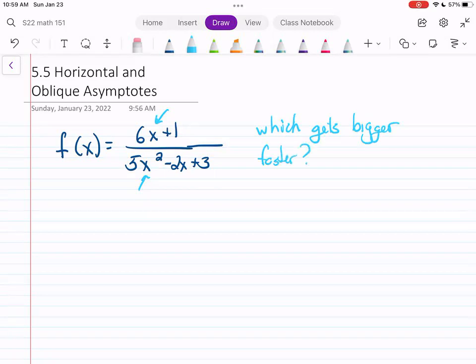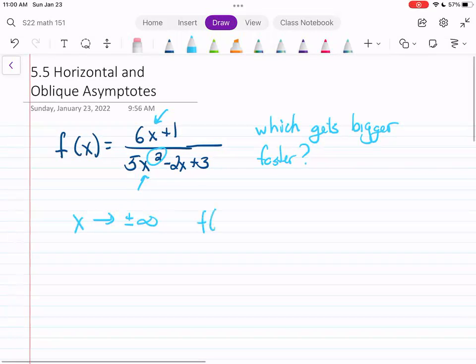It's going to play the bigger role. In this case, the bottom function is stronger because it has a degree of 2. So as x goes to infinity, positive or negative, the denominator is going to get bigger more quickly than the numerator. So we're going to be dividing by big numbers and the function will approach 0.